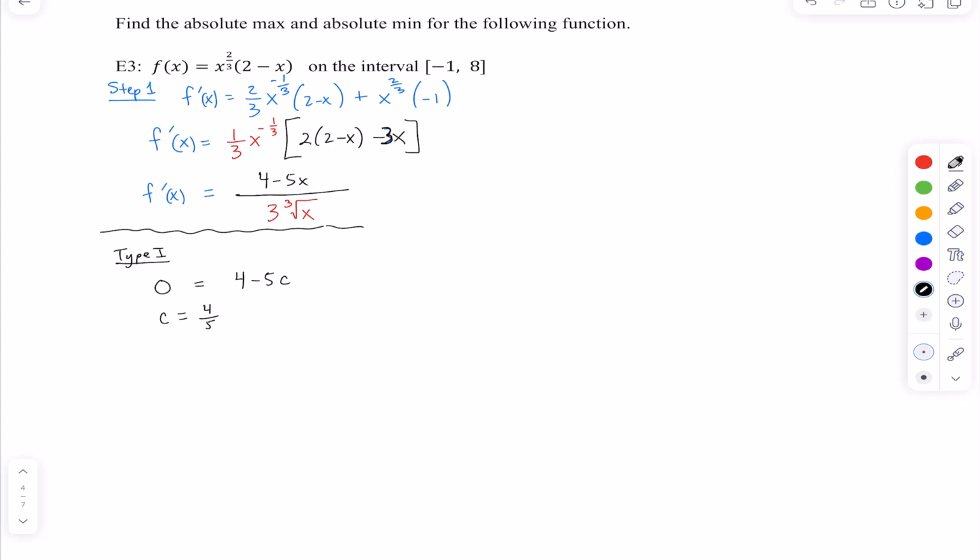Now let's look for a type 2 critical number. Type 2 critical number says when does the first derivative not exist. When the first derivative does not exist, you end up solving this equation.